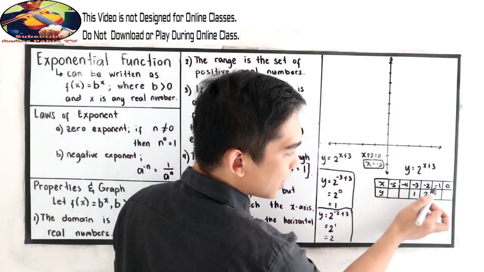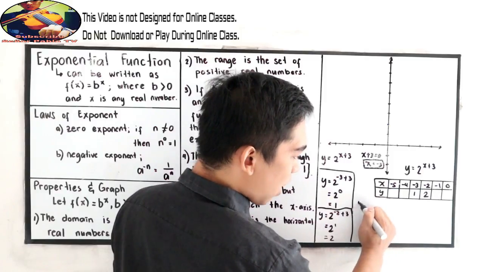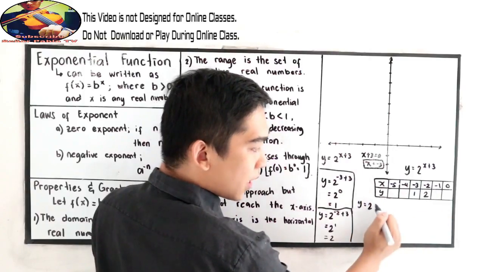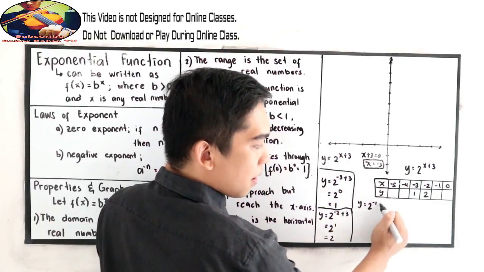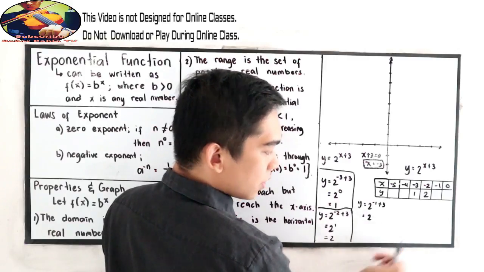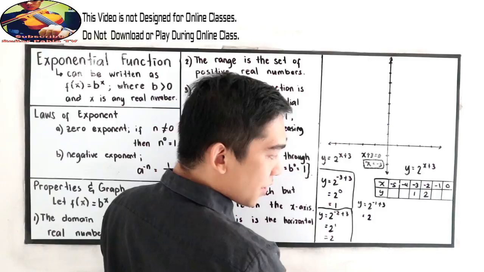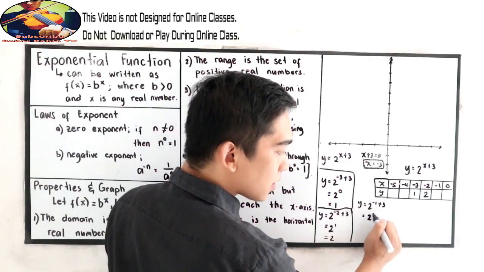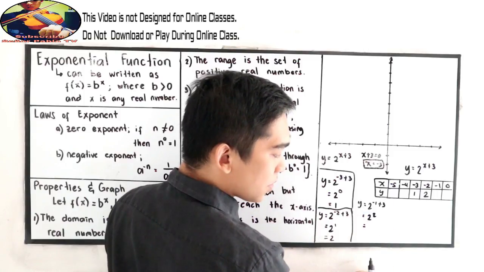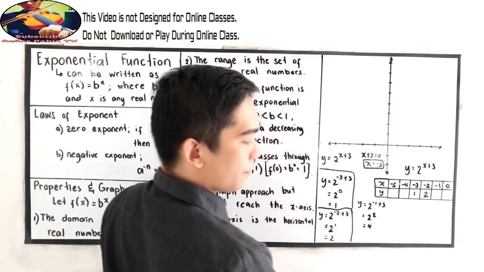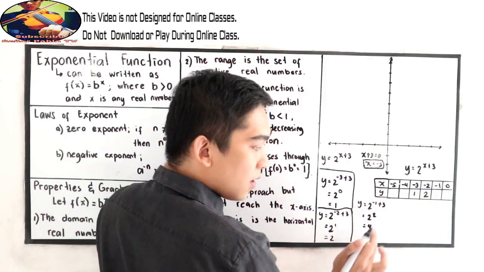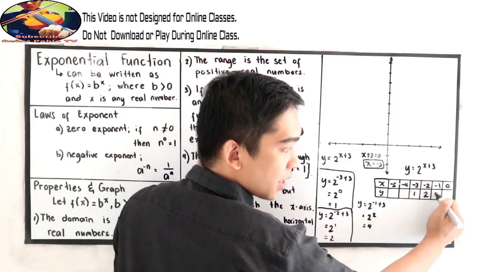So let's start with negative 1. y is equal to 2 raised to negative 1 plus 3. So this will become 2 raised to positive 2. 2 squared is 2 times 2, which gives us 4. So if x is negative 1, y is 4.